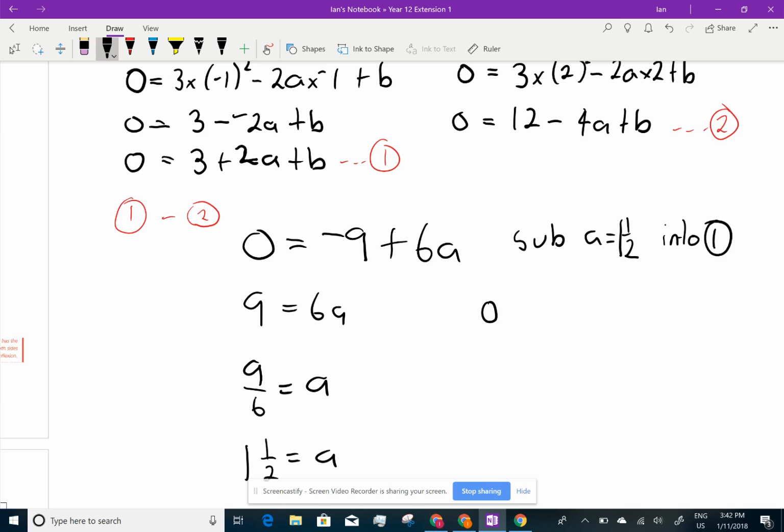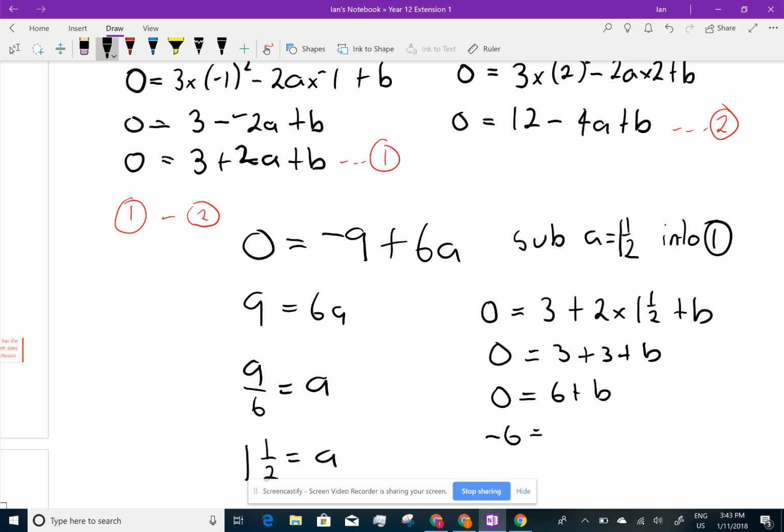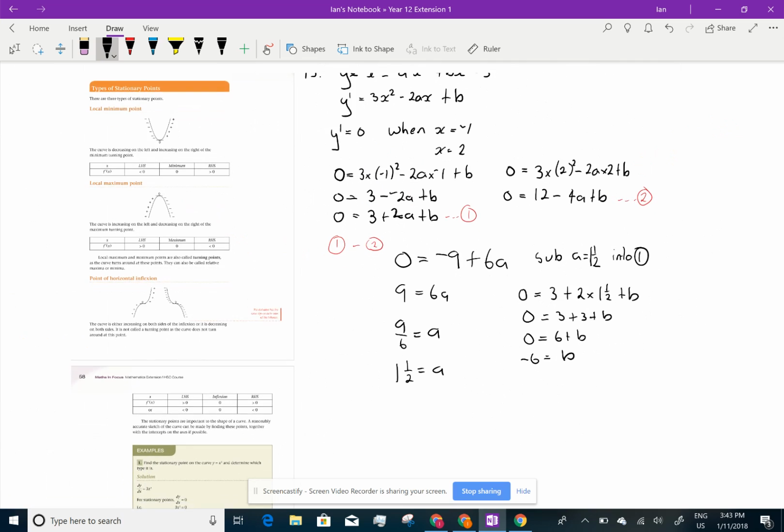So I get 0 equals 3 plus 2 times 1.5 plus b. 2 times 1.5 is 3. 0 equals 6 plus b, so -6 equals b. And that's done. And then you check it in equation number 2, but I'm going to move on.